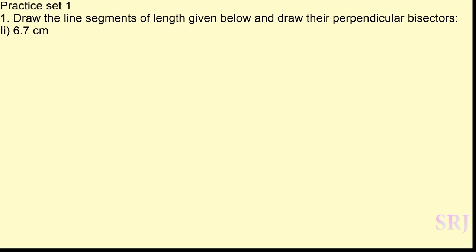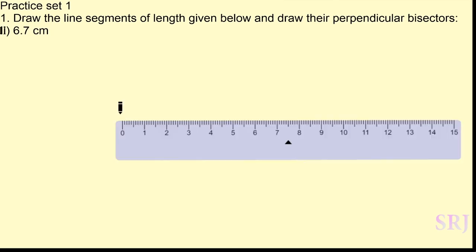In that, the second question is 6.7 centimeter. So first, we will draw a line segment of length 6.7 centimeter. In order to draw a line segment, we need a scale. We will place the scale and draw a line segment of length 6.7 centimeter.